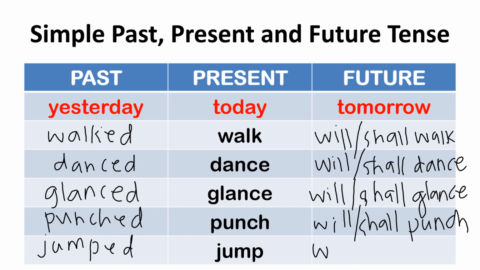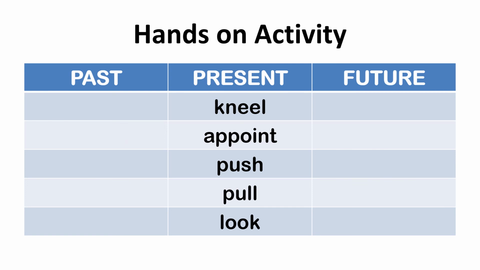Then for the future, we will use the linking verb will or shall jump. Now it's your turn to answer this hands-on activity. Write your answers in paper, yellow paper or intermediate, or in your notebook.